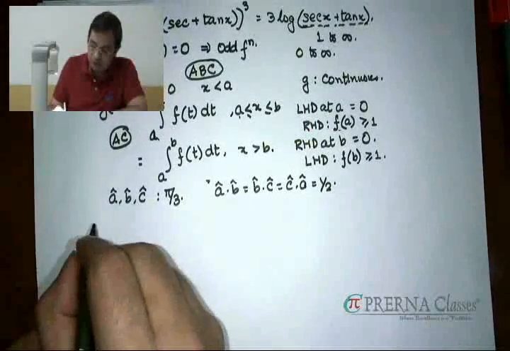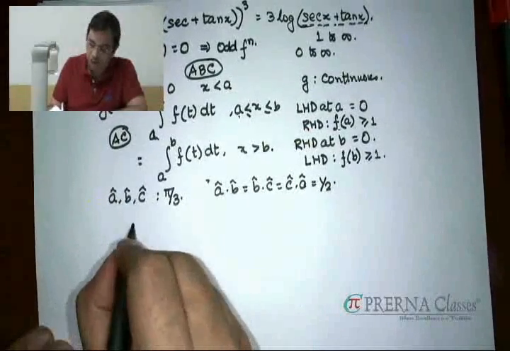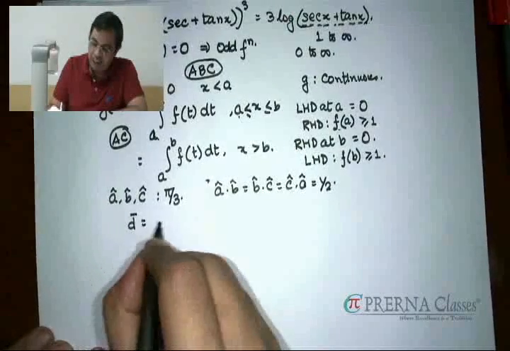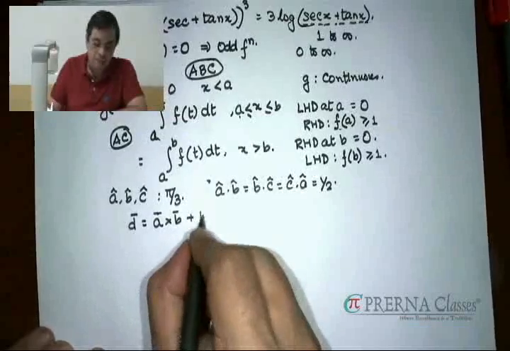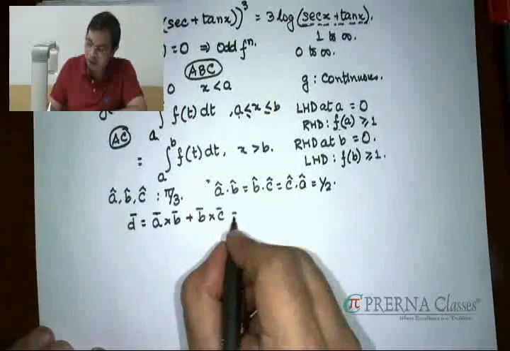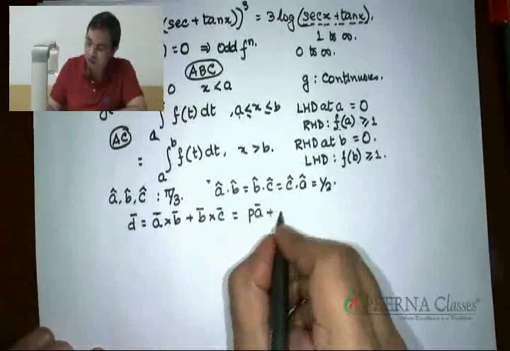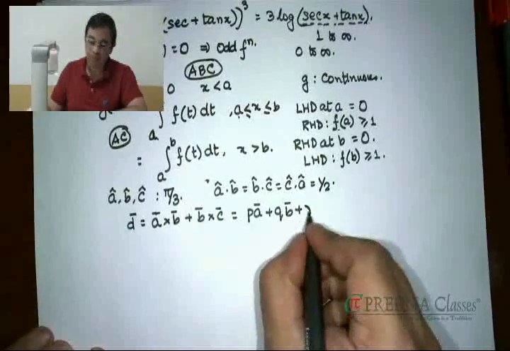It was also given that this vector D, which is A cross B plus B cross C, can be written as P times A plus Q times B plus R times C.